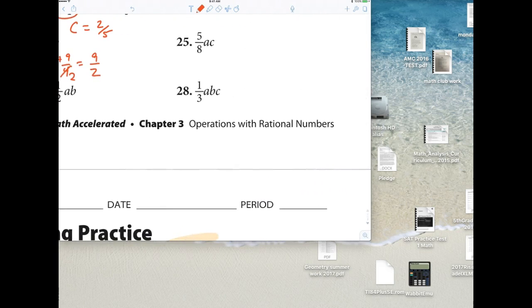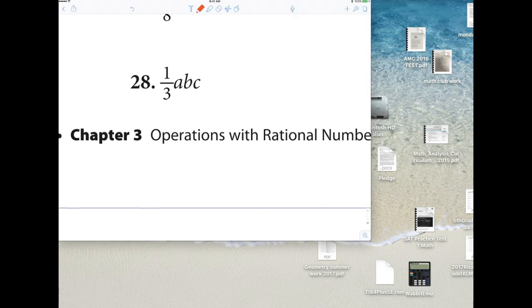Allison, you're up. 28. So what do I have to do, Allison? So you have to multiply 1/3 times what's A? 3/4. All right, what's B? -9. And what's C? 2/5.